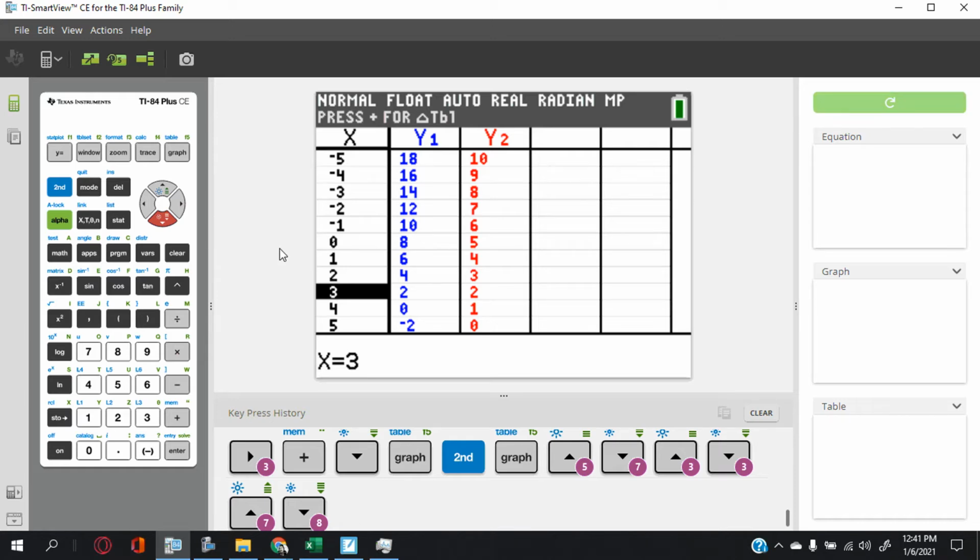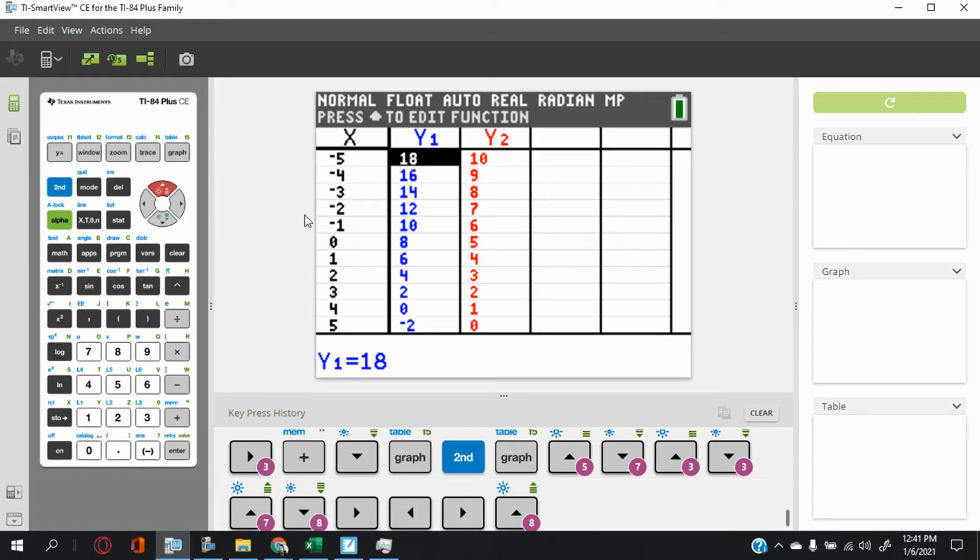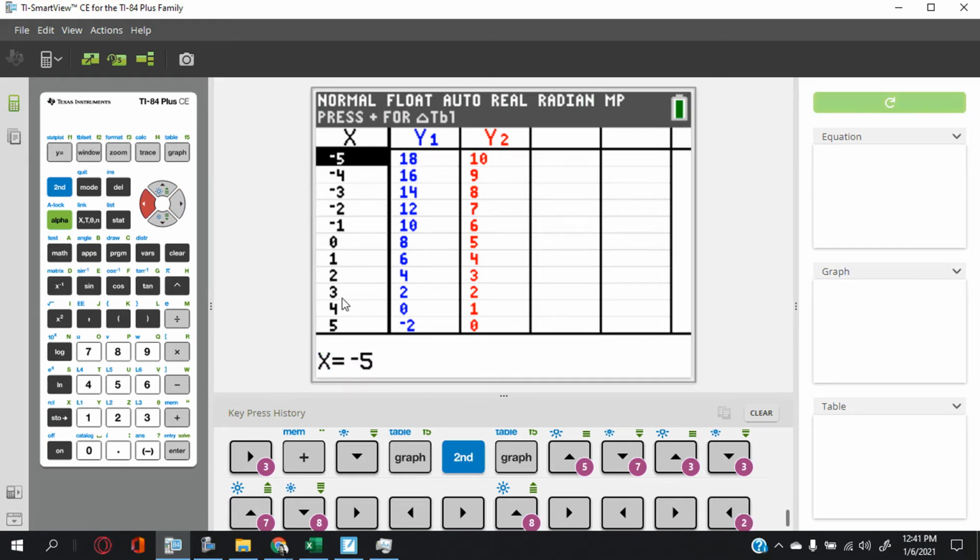So what I'm looking for in y1 and y2, the two y values, is the set of two numbers where they share the exact same y value. Because if they share the exact same y value in the same row, then they're sharing the same x value also.